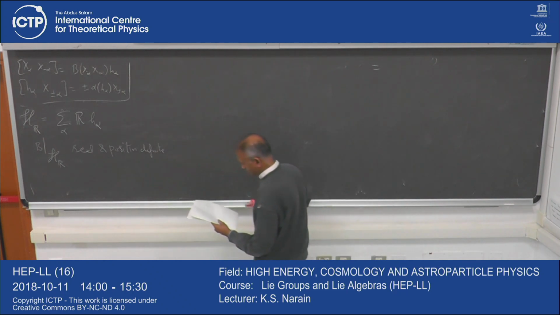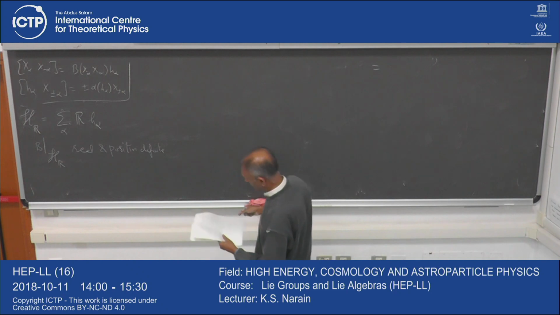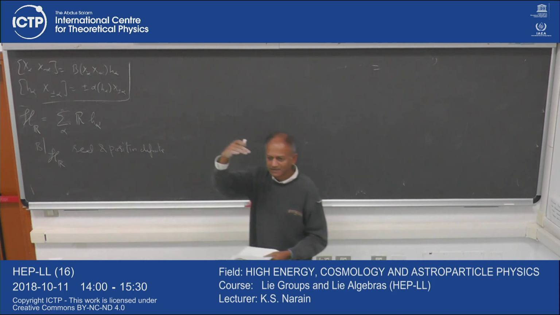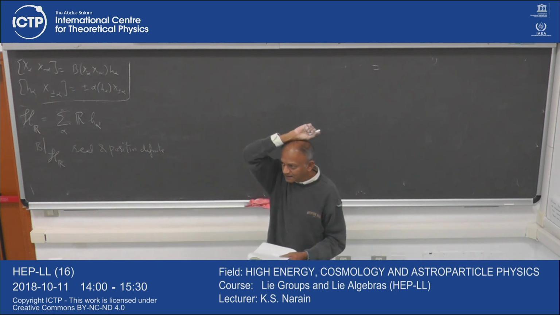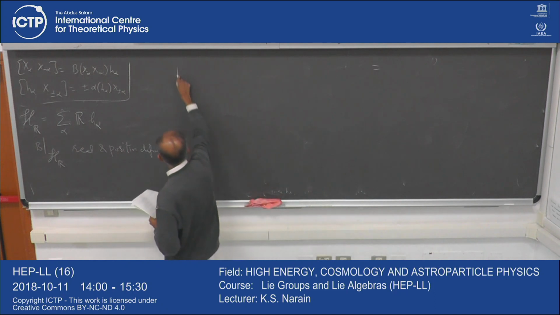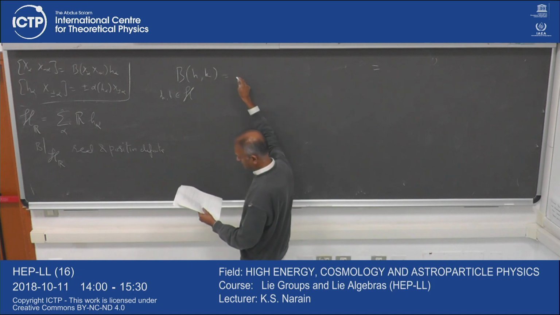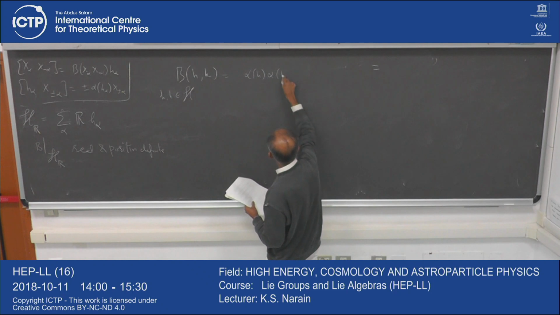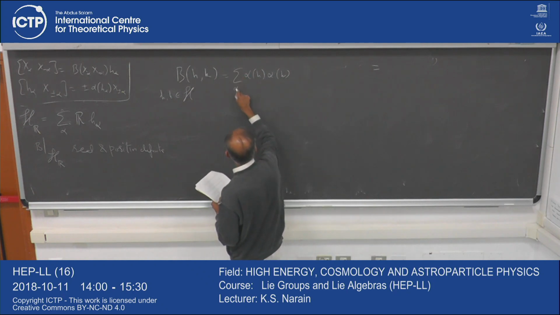Okay. So now you know that we already had, in one of the previous chapters, a general formula for B(H, K), where H and K are arbitrary elements of the Cartan subalgebra, and that was given as the sum over alpha of alpha(H) alpha(K), summed over all roots.